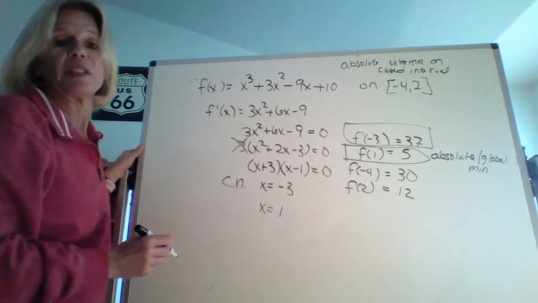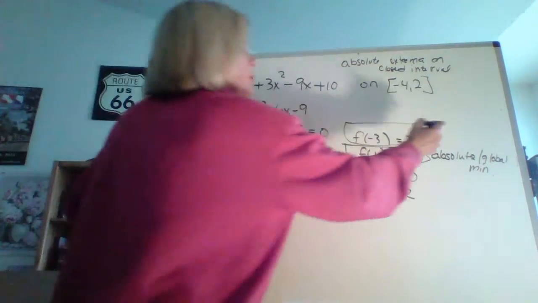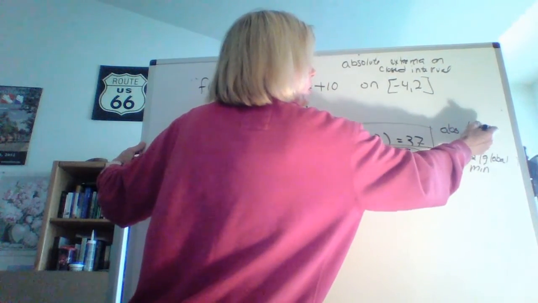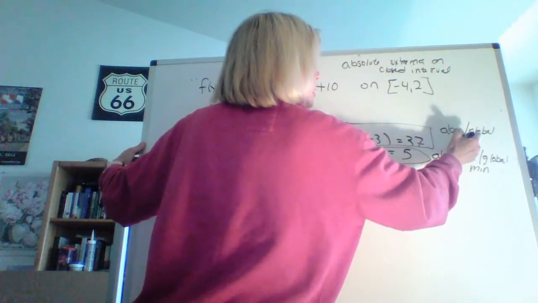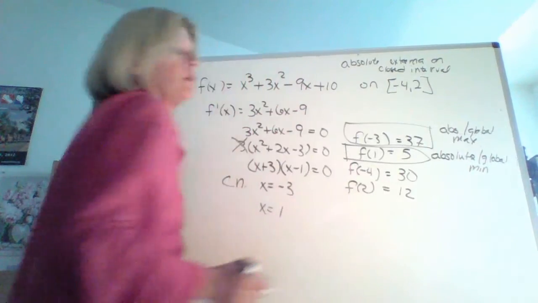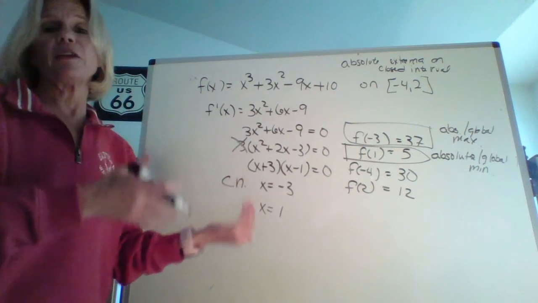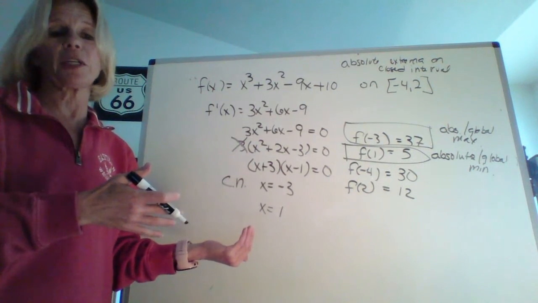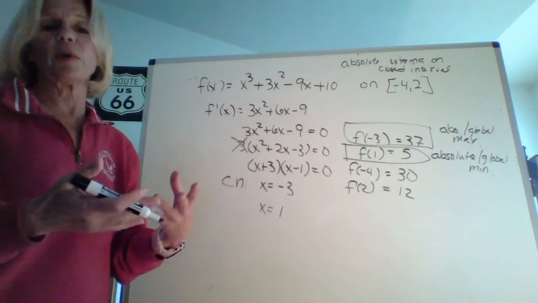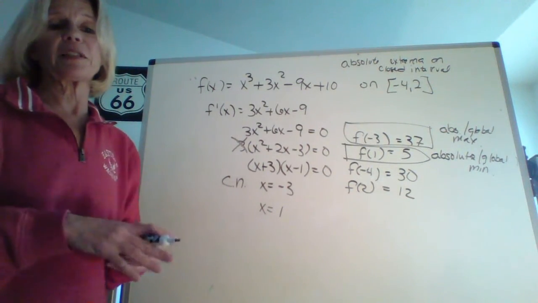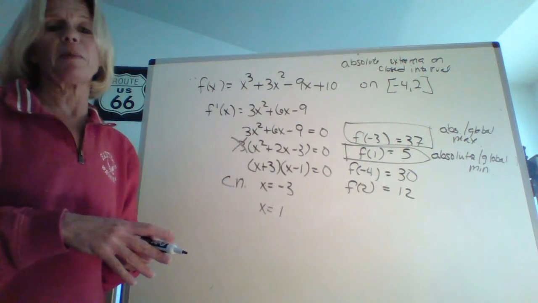The 37 is my highest value, so it is my absolute or global maximum. And that's the process we're going to be following. If we're on a closed interval, we check the endpoints. Otherwise, we just find the critical numbers, and we're going to check and see if each is a maximum or a minimum or neither.